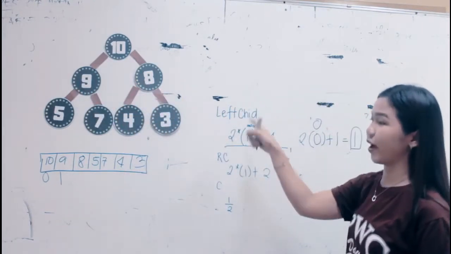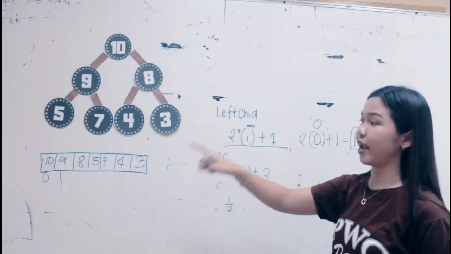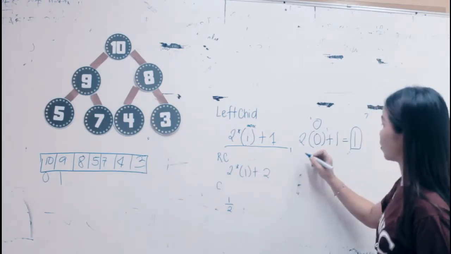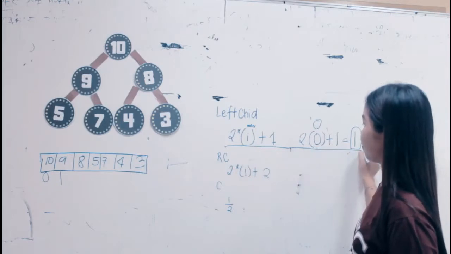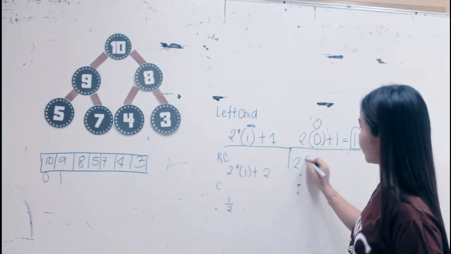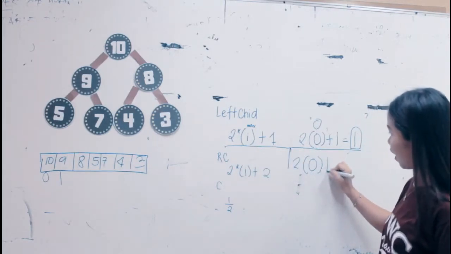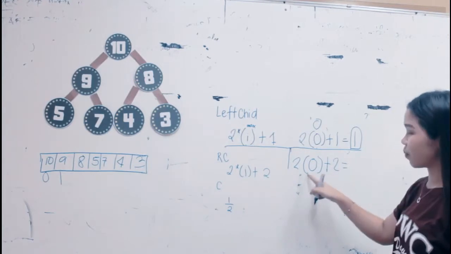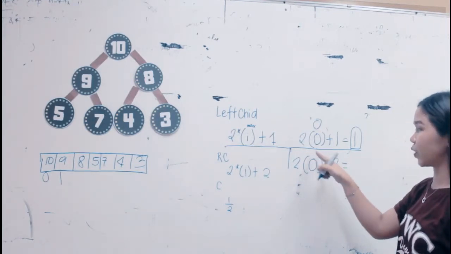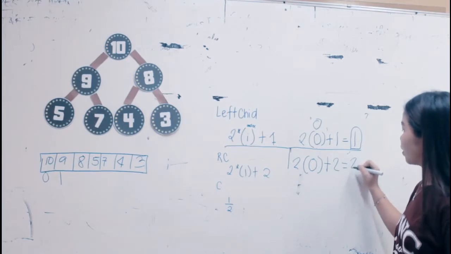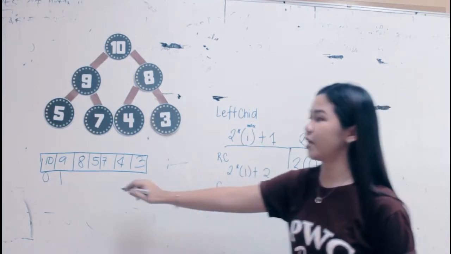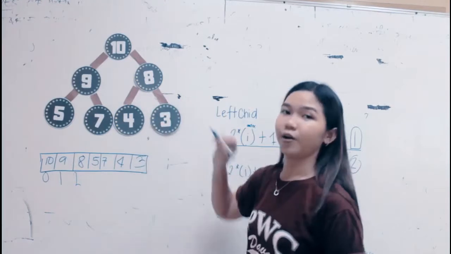If you're going to find the right child of your index 0, you just do this formula: 2 times 0 plus 2. Any number multiplied by 0 is 0, plus 2 is 2. So index number 2 will be your right child.